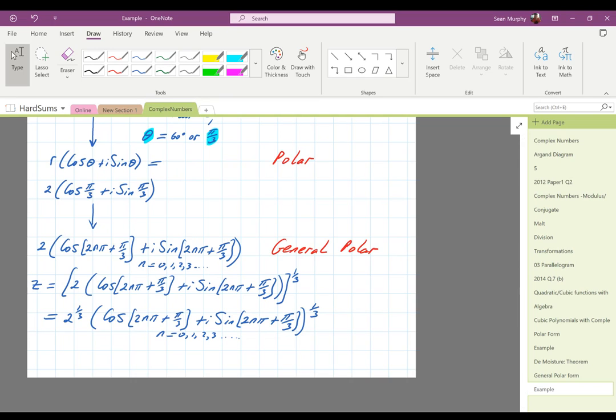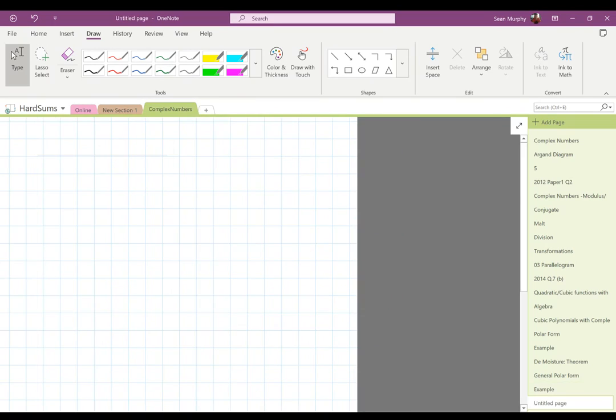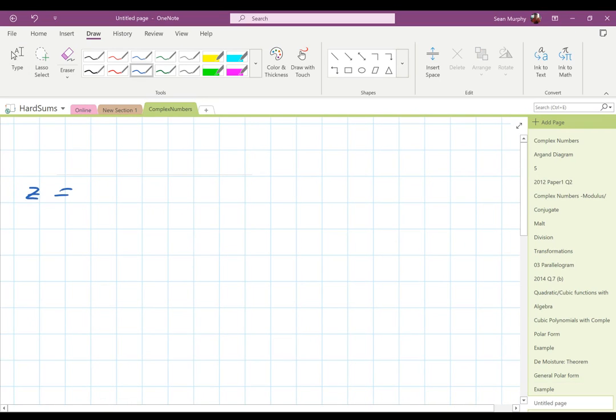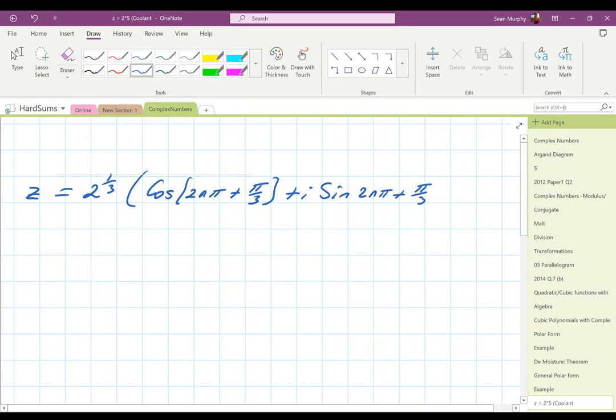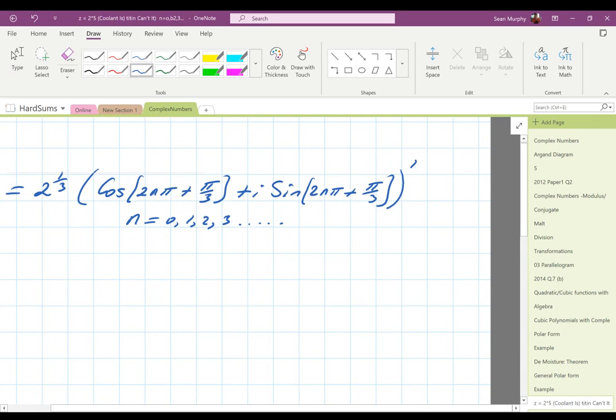So on the next page, let's write down z one more time and show that step. So once more, z is equal to 2 to the power of a third times cos(2nπ + π/3) plus i sin(2nπ + π/3), where n, of course, is anything from 0 upwards, and it's all to the power of a third.